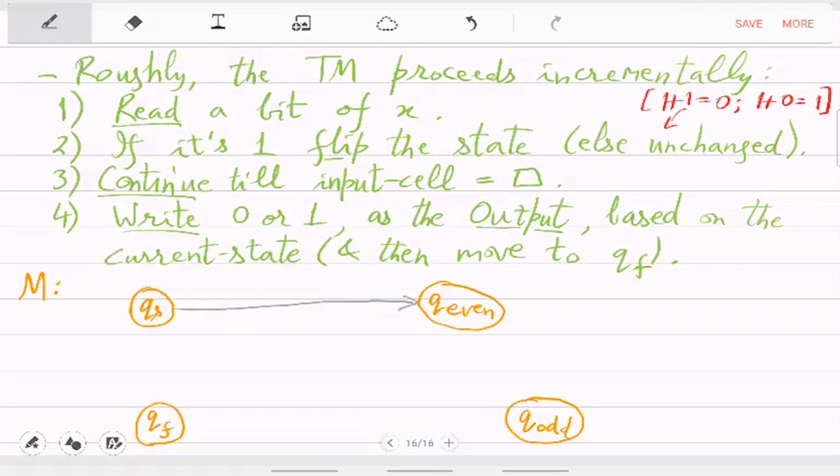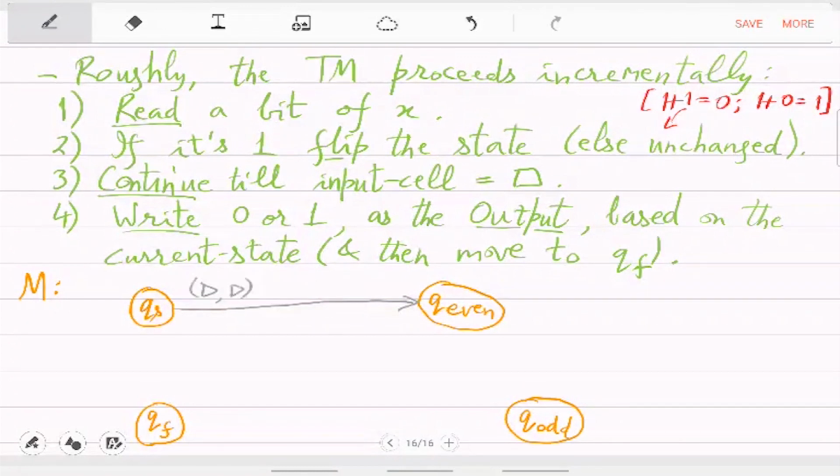Q_even corresponds to current parity 0. So if you see a 0, let's say the first 0, then you move to Q_even.